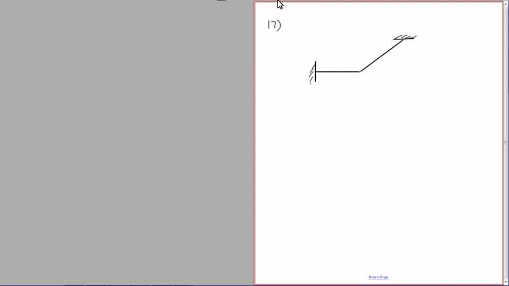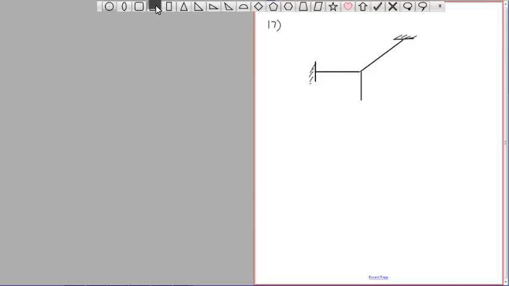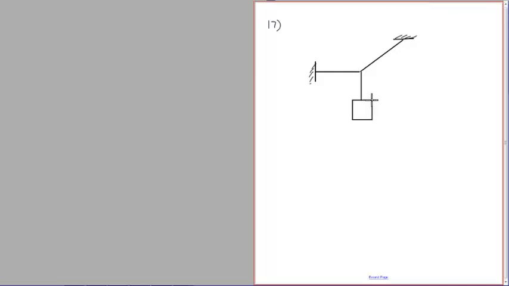And then we have another cable that's going downward to the person, and I'm just going to represent the person as a square, like that. So these are all ropes. Ropes are going to be in tension, which means that there's going to be a stretch to them.